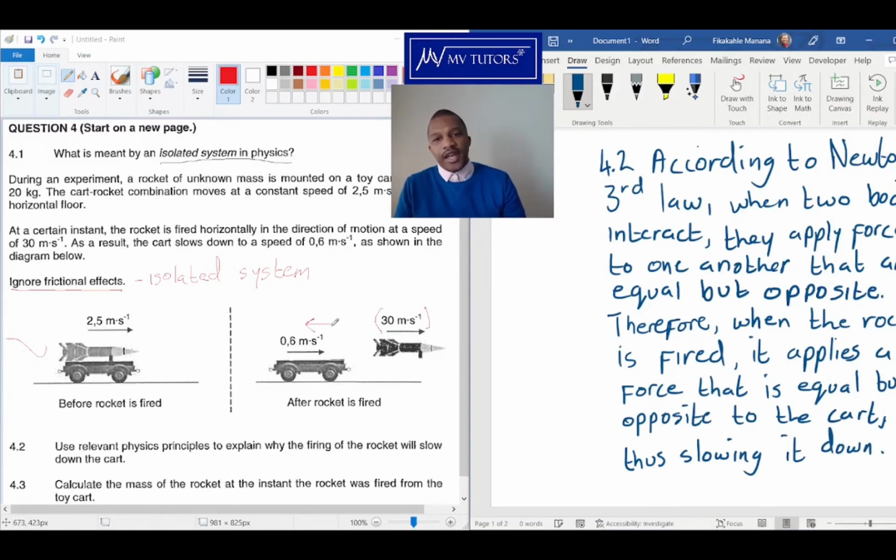Remember, it was moving at 2.5, and then the rocket applies the 30, and that slows down the cart to 0.6. That's it.